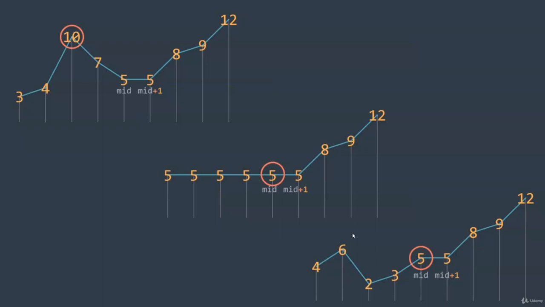We know that it contains a peak. When it remains stable, then each element in the stable sequence is a peak, because it's equal to its neighbors. And when it decreases, then the first element of the decreasing sequence is a peak. So when r of mid is not smaller than r of mid plus 1, we're sure that we will find a peak in that sequence, so we search in the left part only.